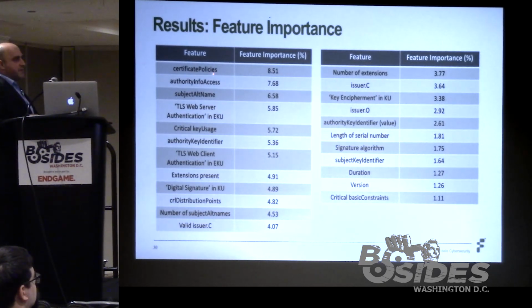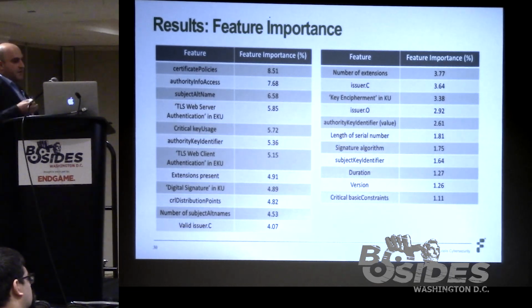Certificate policies, this is an extension, apparently has the highest importance. Authority info access usually has links to the certificate authority URLs. Certificate policies also has links to specific policies related to certificate authorities or PKIs and so on.